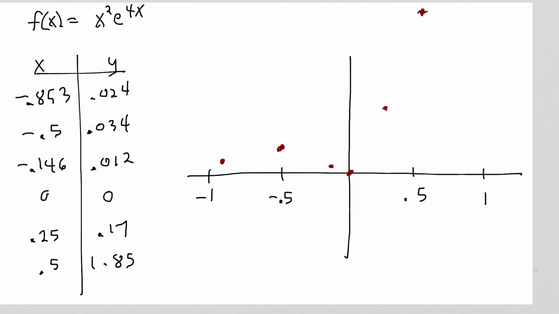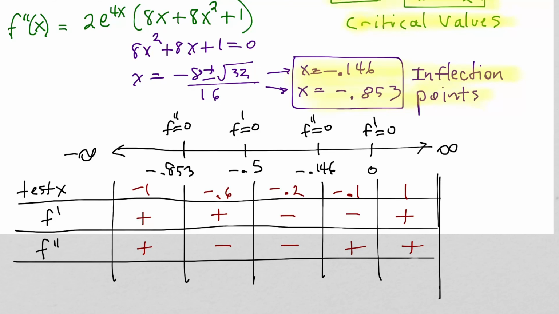So you can see the concavity is really going to help with this because this is a strange-looking function. So in my first interval, between negative infinity and my first dot, I'm positive slope, concave up.